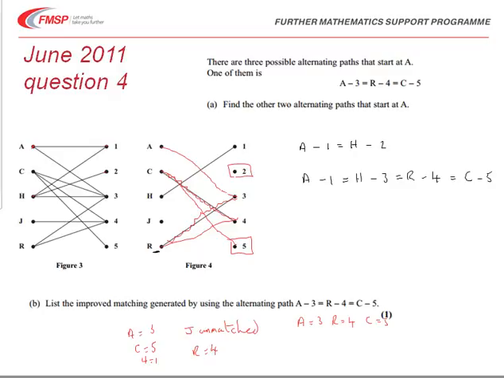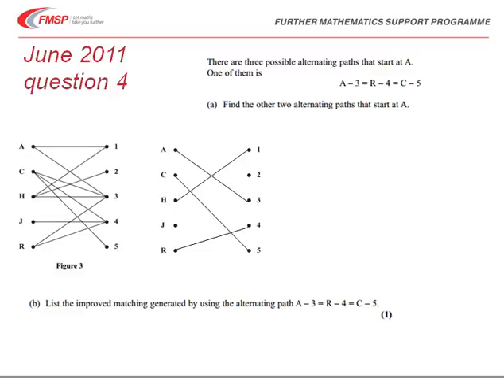The marking then for these 2 parts of the question, there's an M1 mark and then 2 A marks for getting the alternating paths, and then just a single B mark for stating the final matching, or this matching at this stage in part B.